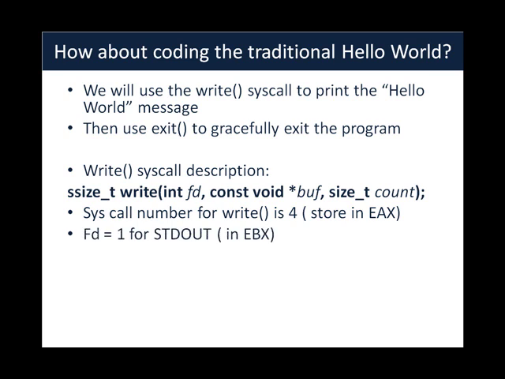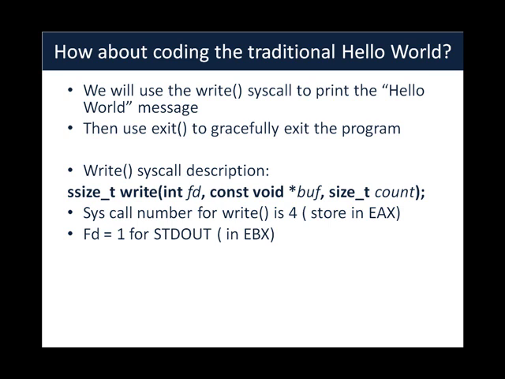Then we need to store the descriptor, which is going to be the handle which it will use to actually write the appropriate message. And what we want is that we don't want to write into a file. We very simply want to write into stdout. Now, if one remembers basic Linux, then stdin is file descriptor 0, stdout is file descriptor 1, and stderr is 2.